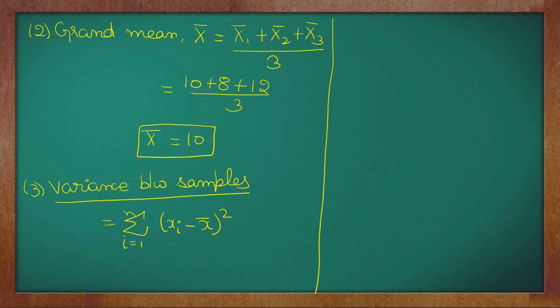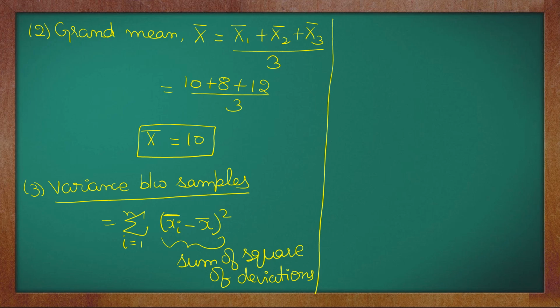How many i values do we have? We have 3 because there are 3 samples. What is this? This is the sum of squares. Many times in my last video I also used this word, so I think this is now clear to all. This is the sum of squares of deviations.